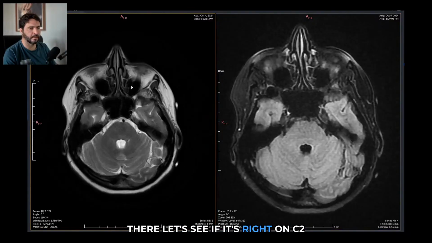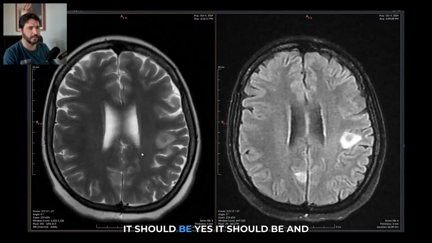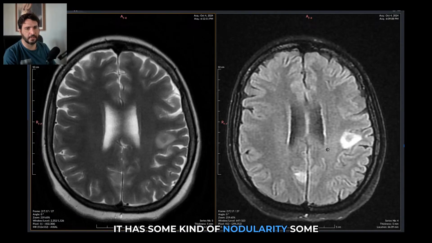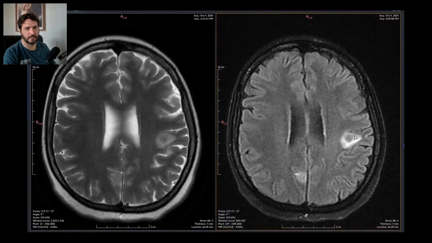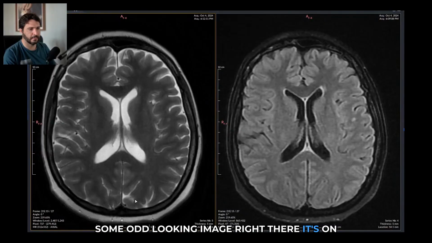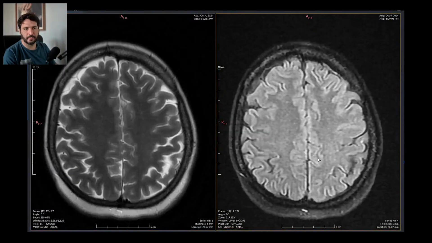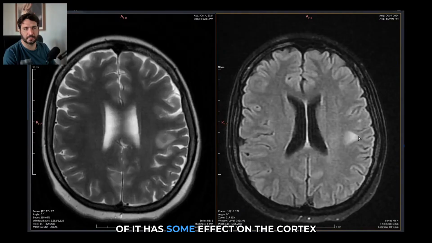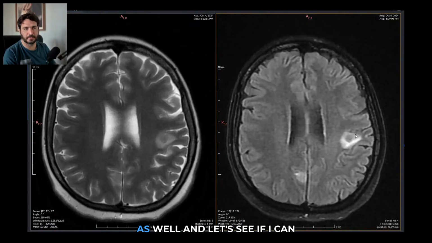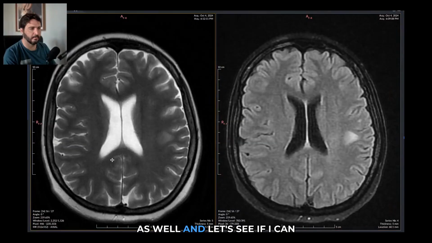Let's see if it's right on T2. It should be. Yes, it should be. And it has some kind of nodularity, some odd looking image right there. It's on the subcortical white matter, but the periphery of it has some effect on the cortex as well.